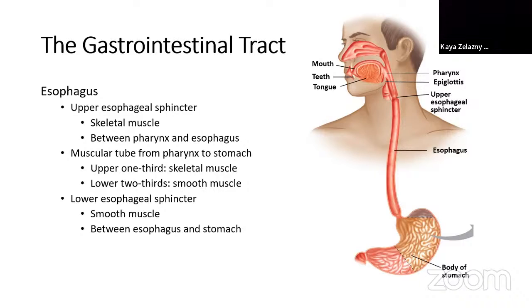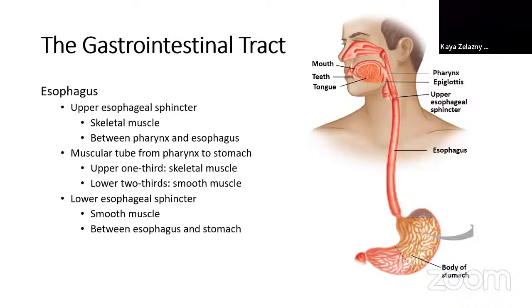Then we have a muscular tube. The top part, specifically the superior third of the esophagus, is going to be made up of skeletal muscle, just like that upper esophageal sphincter. So that tissue type is continuing. When you actively swallow, that's part of what you're probably feeling.